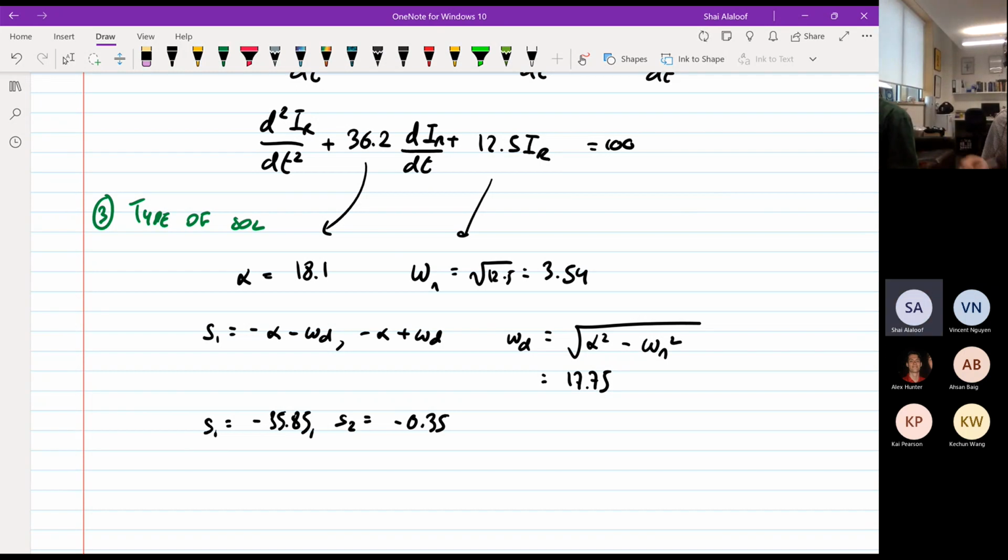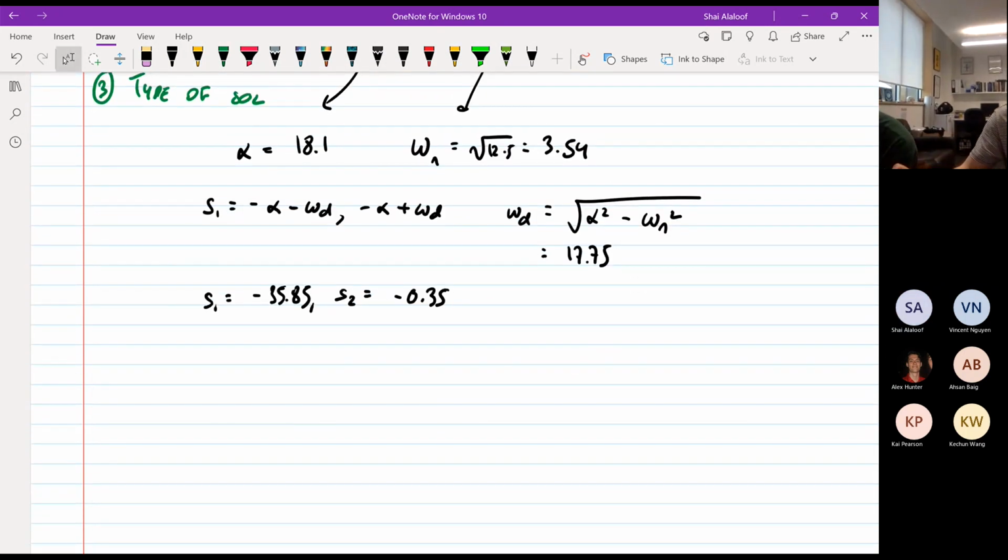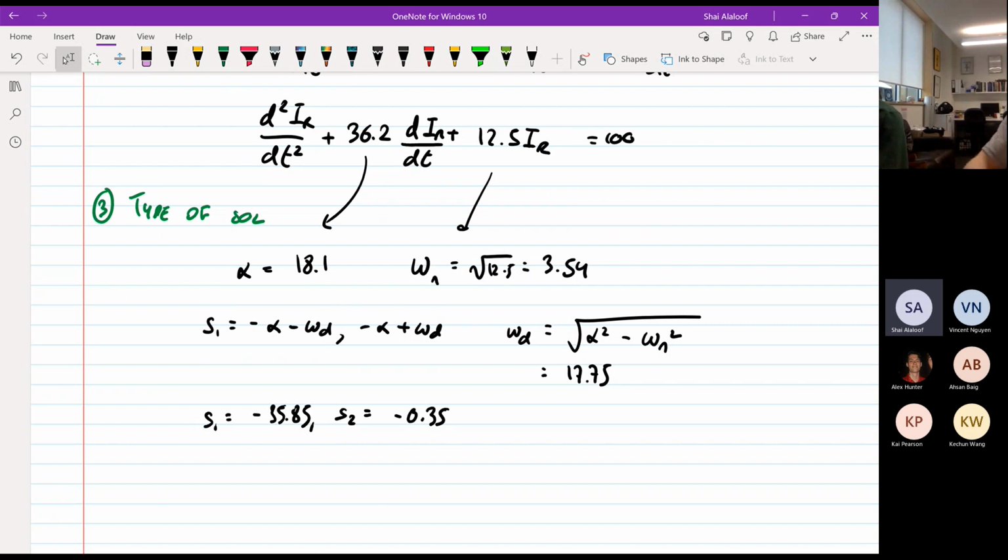Yep, all good. You should verify your answers. If you're not sure, you can try solving it through the quadratic equation and making sure that your answers are the same. That works.